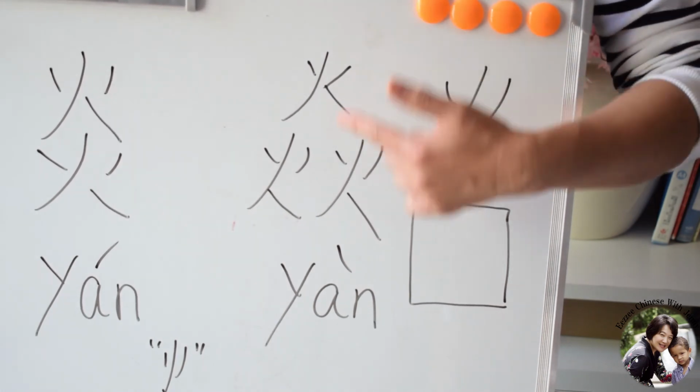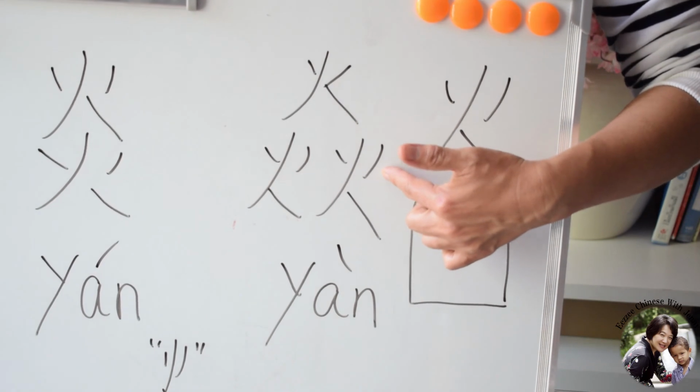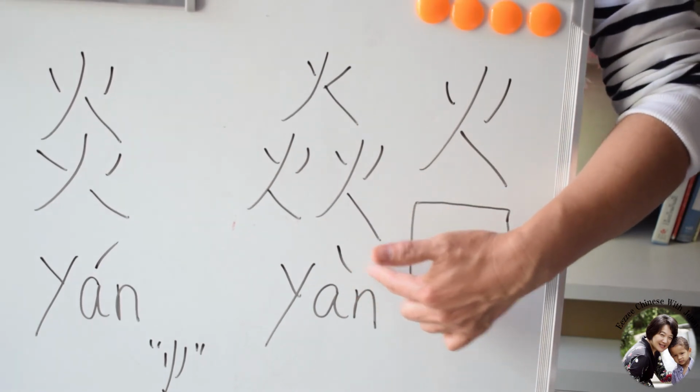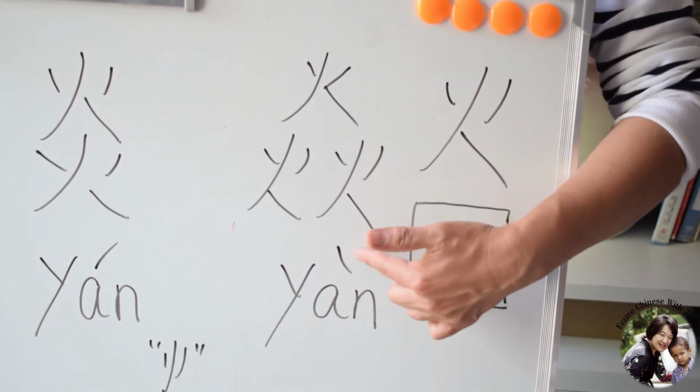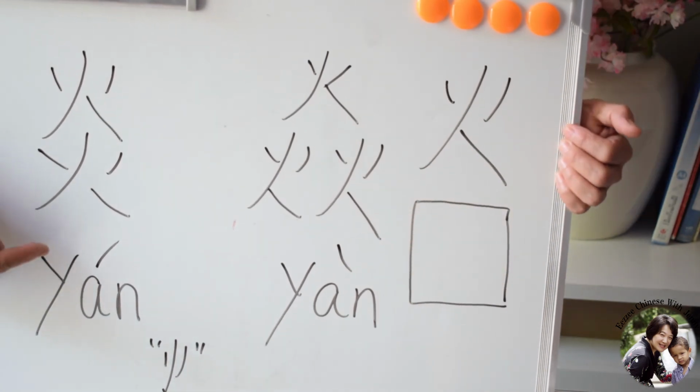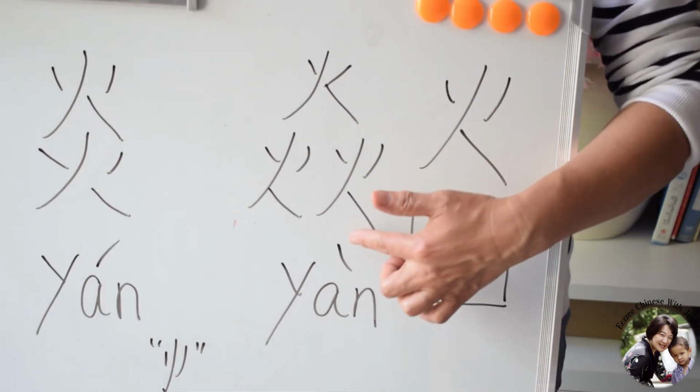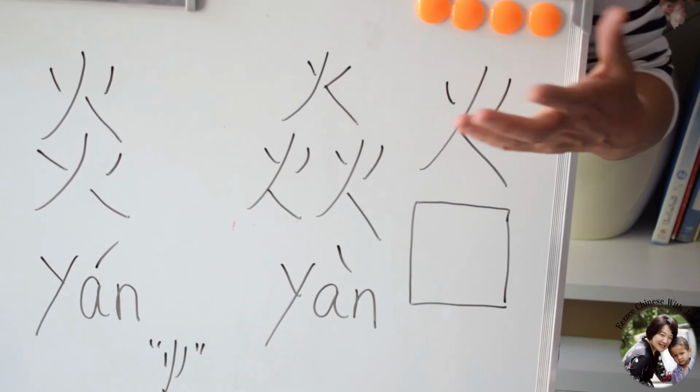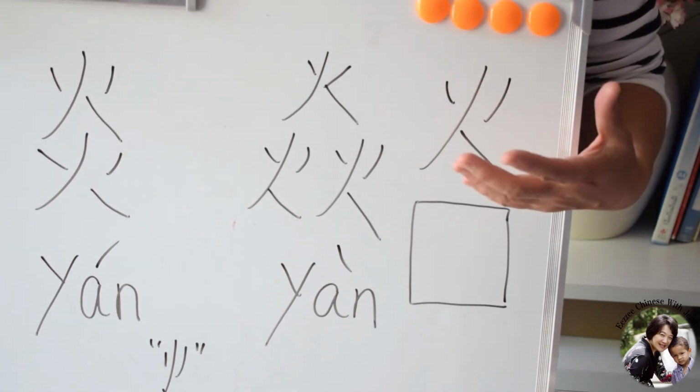One on the top, two on the bottom. The pronunciation is yàn, the fourth tone. Remember, this one is the second tone, this one is the fourth tone, but the meaning is also the same, very hot.